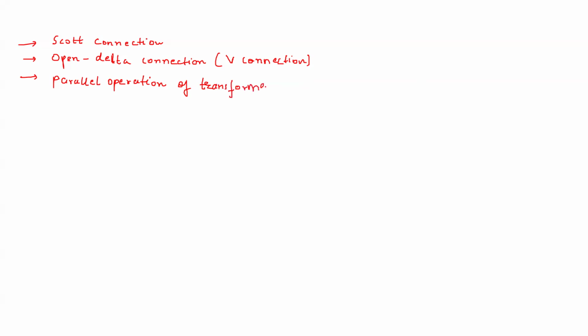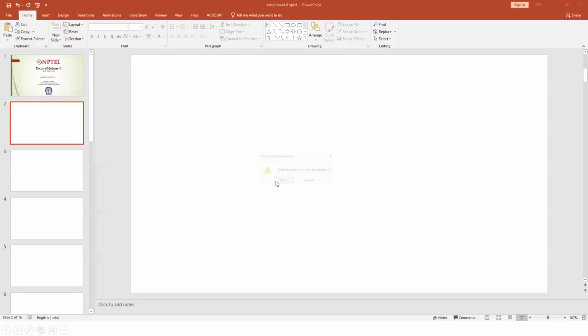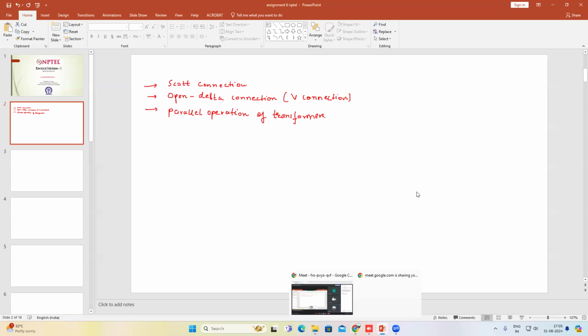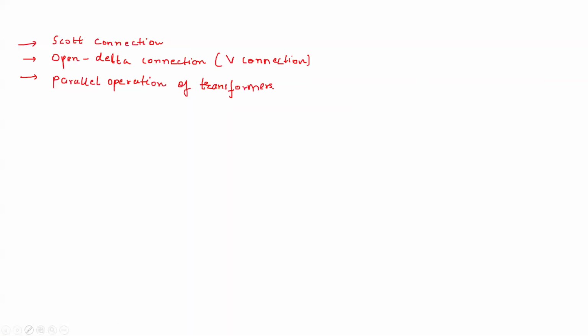And then we will see the last year's assignment questions. So you will find that this week's assignment questions are also similar. Okay. So here let us start with our discussion. So first we will be starting with the Scott connection.